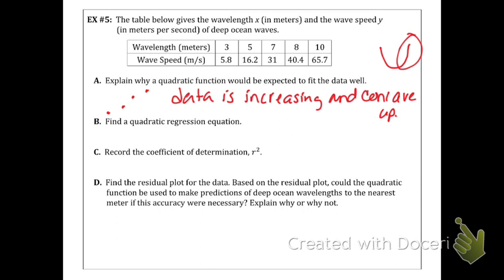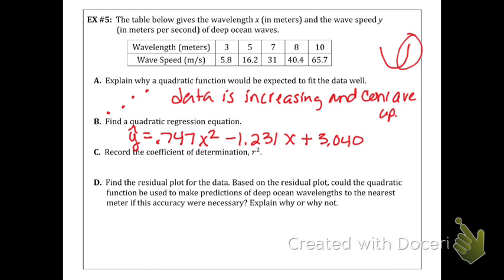So stat calc quadratic regression. I'm going to paste it into Y1. And so we got y hat equals 0.747x squared minus 1.231x plus 3.040. Record the coefficient of determination, the r squared.